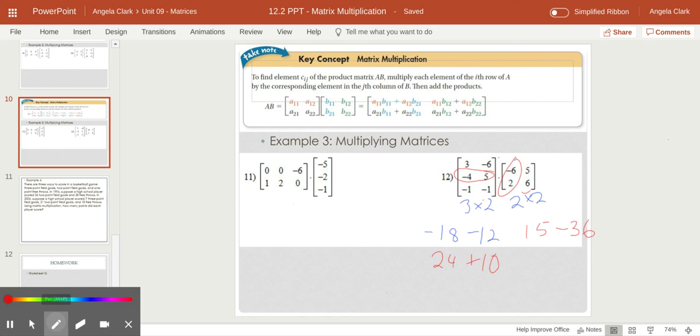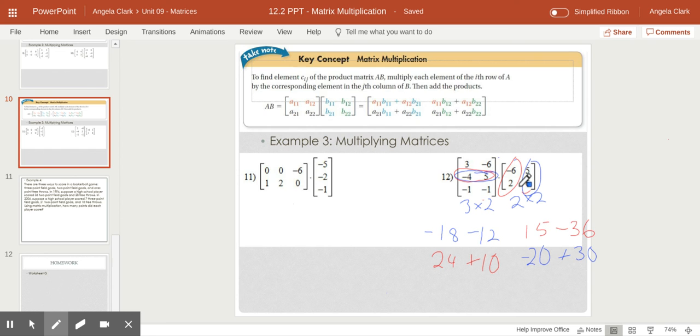And then I have second row, second column. So negative 4 times 5 is negative 20. And then 5 times 6 is positive 30.